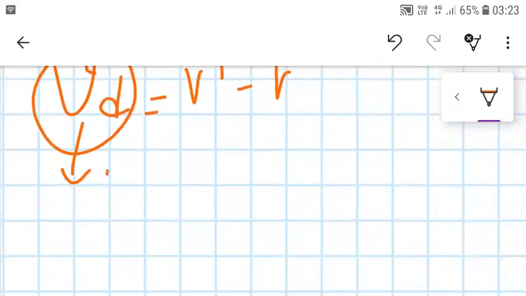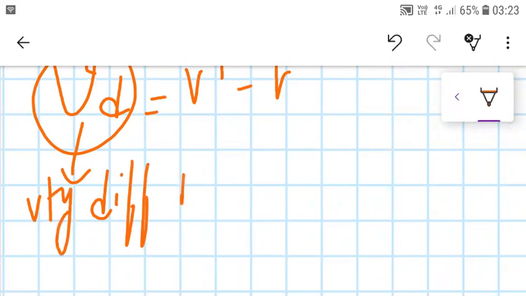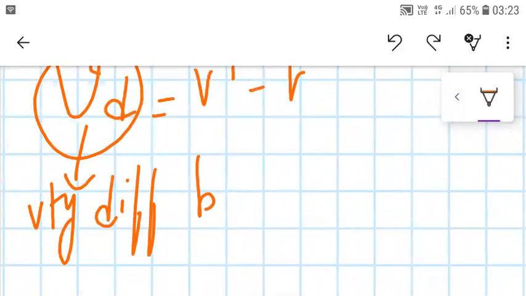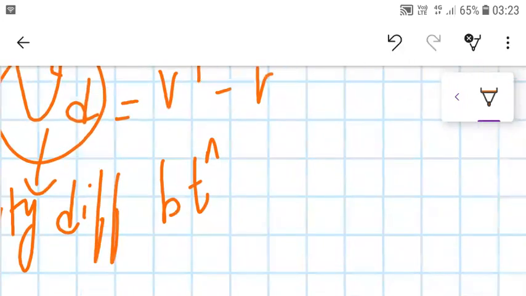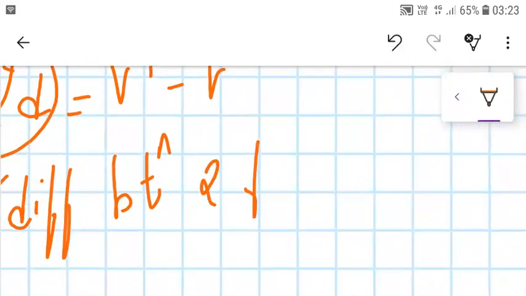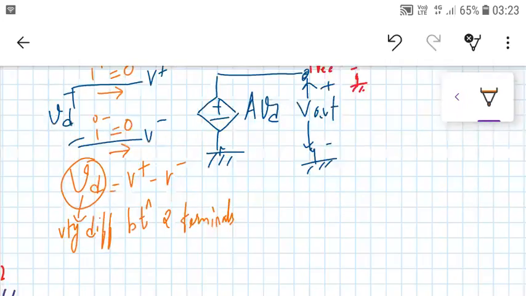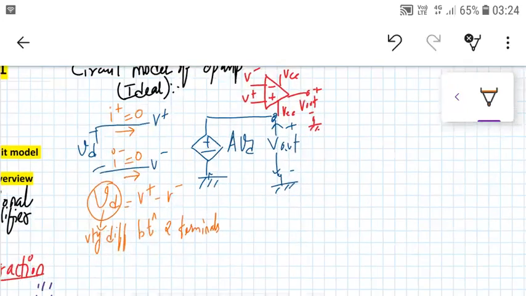VD is nothing but the voltage difference between the two input terminals. So basically I can write, voltage difference between two input terminals. So that's what VD means.